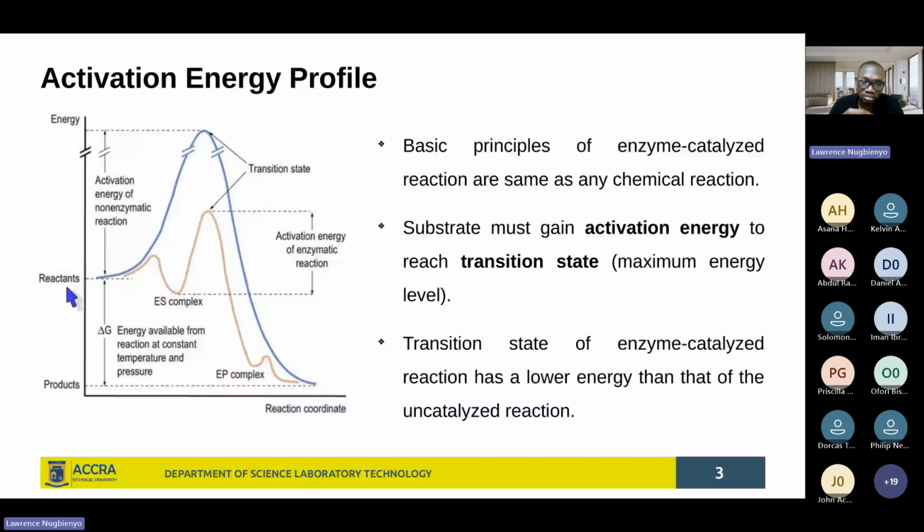In order for them to react, they must be at a certain energy state that they will be unstable. And so for a reaction to occur between reactants, there must be what is referred to as activation energy. So the energy level of the reactants is raised up by activation energy, where they are at a transition state. At that state, they are unstable.